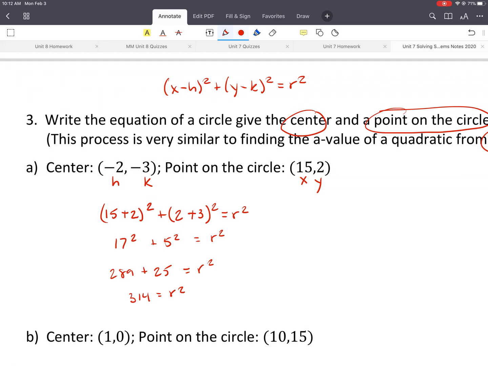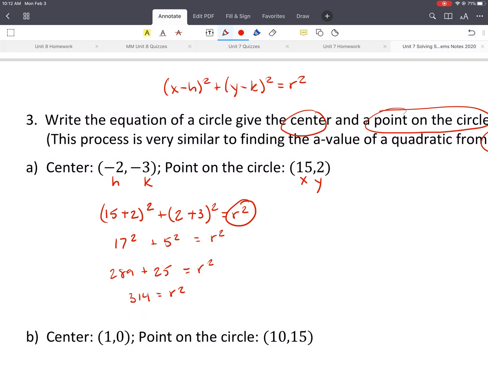All right, and if you wanted to, you could take the square root of that and figure out what the radius is. But what's missing is the radius squared. To be able to come up with the equation, we don't need to know what the radius is. We just need to know what the radius squared is. If you wanted to, here we would just write it as the square root of 314 because we don't want to write it as a decimal.